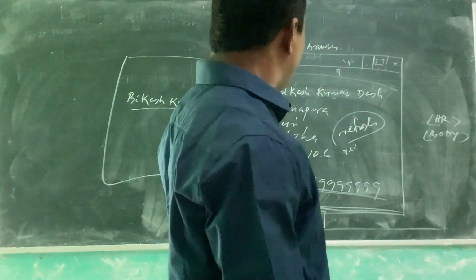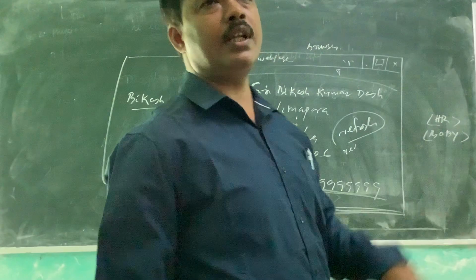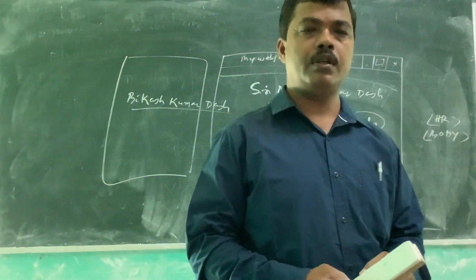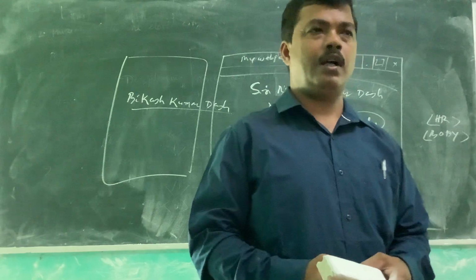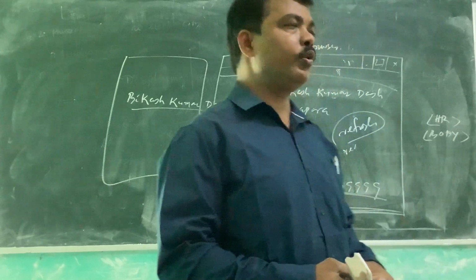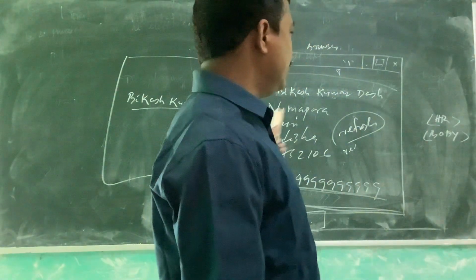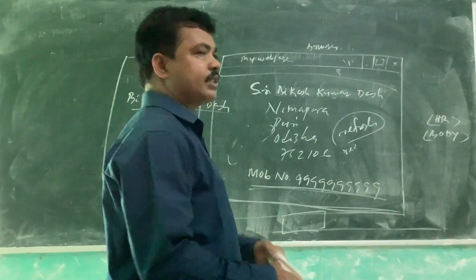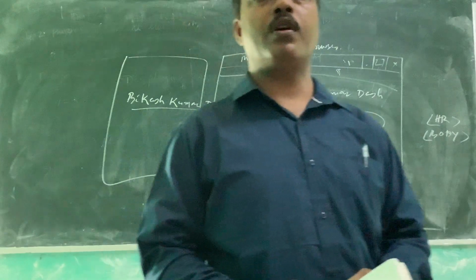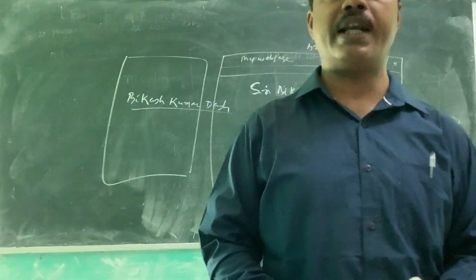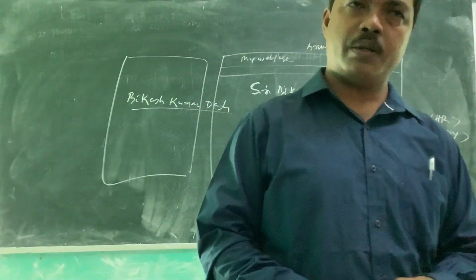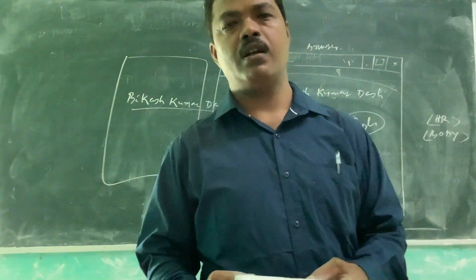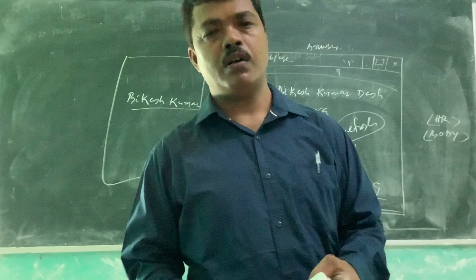Then all the names and addresses are to be typed in body section, and finally we close it by /HTML, and 3 other tags are discussed. B for bold facing the characters, I for giving italic effects, and U for giving underline.